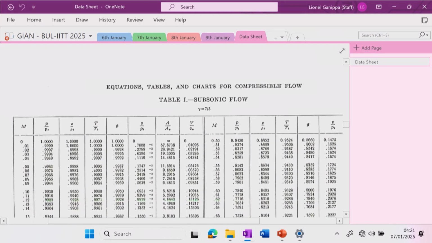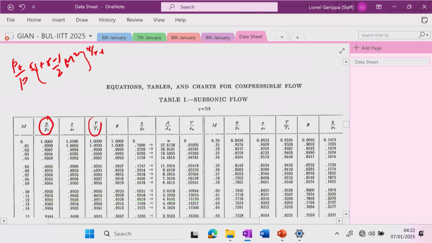You can see that table 1 is the subsonic flow, where there are no shock waves. This is basically the relationship we discussed: Pt by P is equal to [1 plus (gamma minus 1) by 2 M squared] to the power gamma by (gamma minus 1).